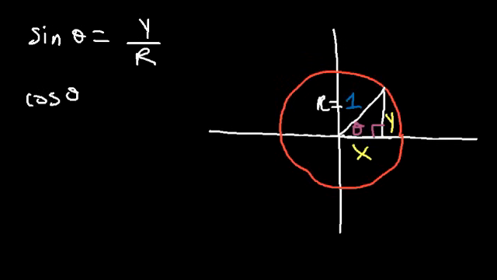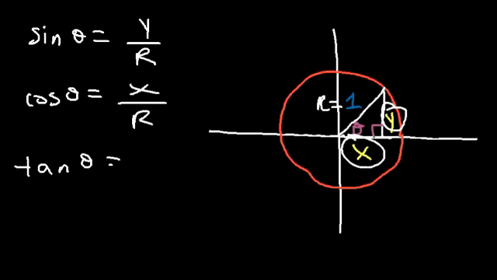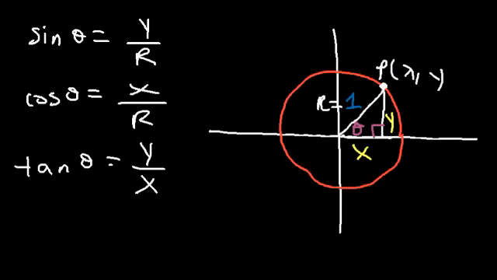Cosine theta is the adjacent side divided by the hypotenuse. So cosine theta is x divided by r. Tangent theta is sine over cosine, or opposite over adjacent. So tangent theta is y over x. Now sometimes, let's say you want to find the terminal point, the xy value of that point.